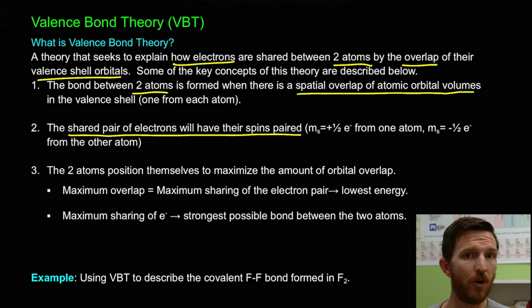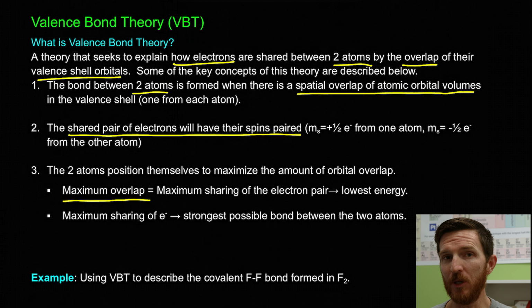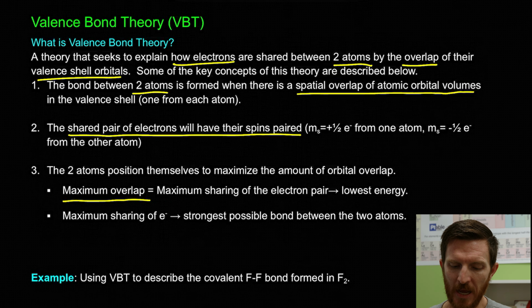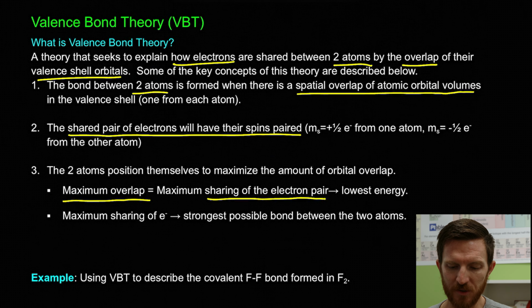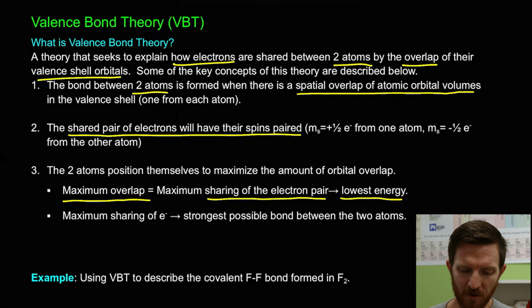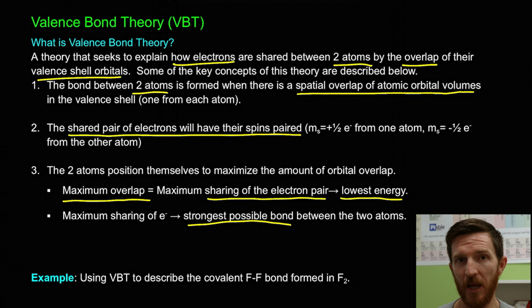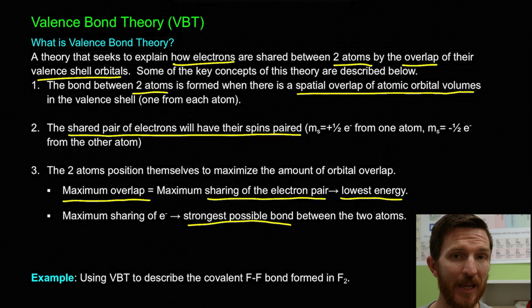The two atoms are oriented in a way where we see a maximum of overlap between the two atomic orbitals. That gives the greatest amount of sharing between those two electrons, which gives us the lowest energy, meaning we find the strongest possible bond when they overlap to the maximum extent that they can.